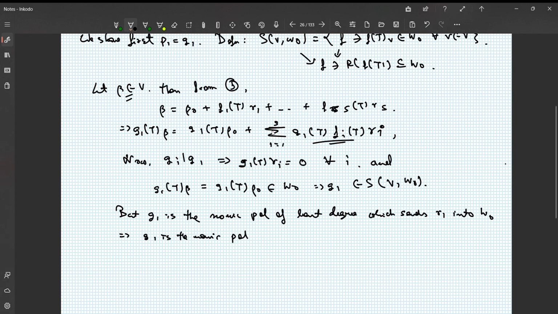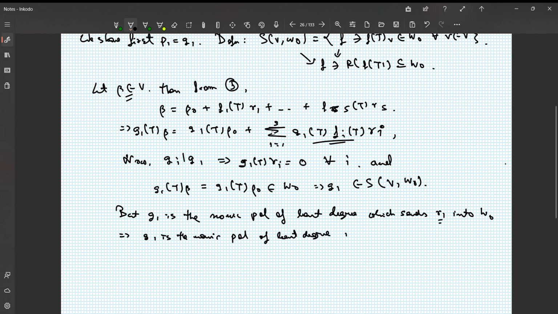So that means g1 is the monic polynomial, and that's again obvious because the other gi's you have will all divide g1. We are concerned with sending gamma 1 to W naught. g1 was the T-annihilator of gamma 1, so it's the least degree monic polynomial which sends gamma 1 to 0 under T. Therefore g1 is the monic polynomial of least degree which sends gamma 1 into W naught.